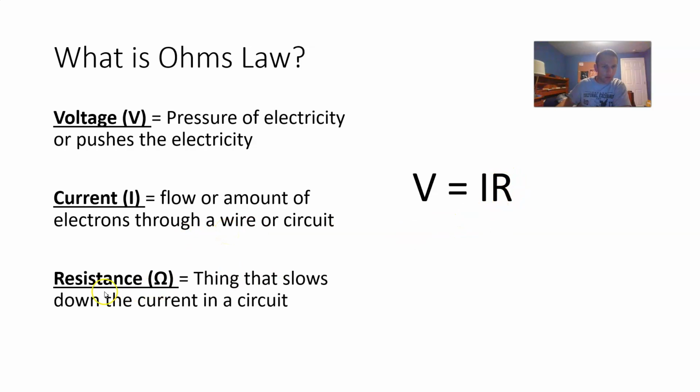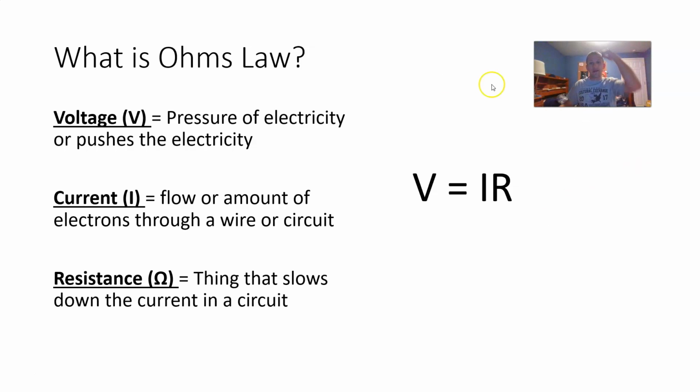R is resistance, and it's measured with this little horseshoe shape, the omega shape, and that is actually ohms. It is something you put in a circuit that slows down the current. And you're going to want some sort of resistance in your circuit, otherwise you end up burning up your battery.